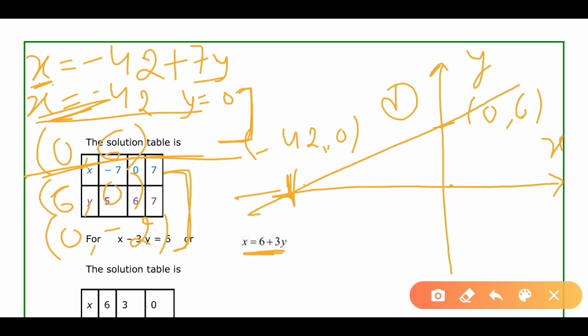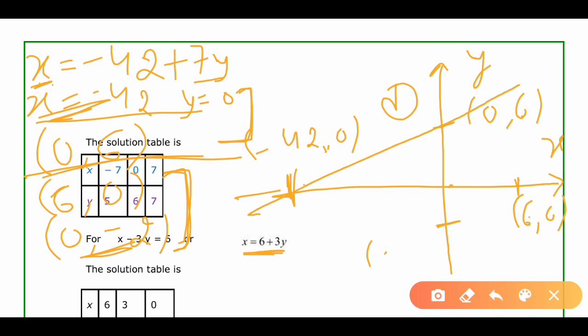Now for getting the second equation, we will plot these 2 points. Again we have 6 comma 0, which will be here. Now the second one is 0 comma minus 2, which would be here.